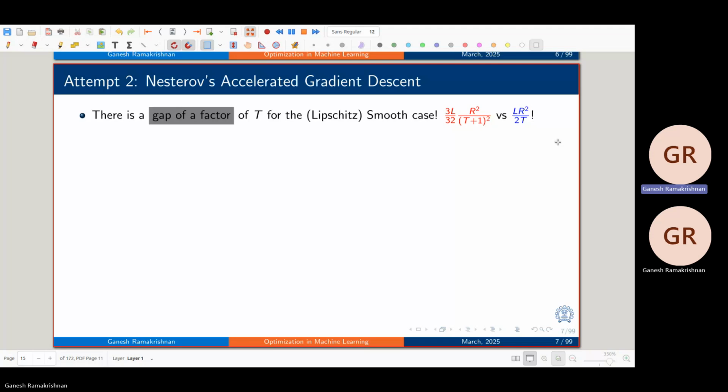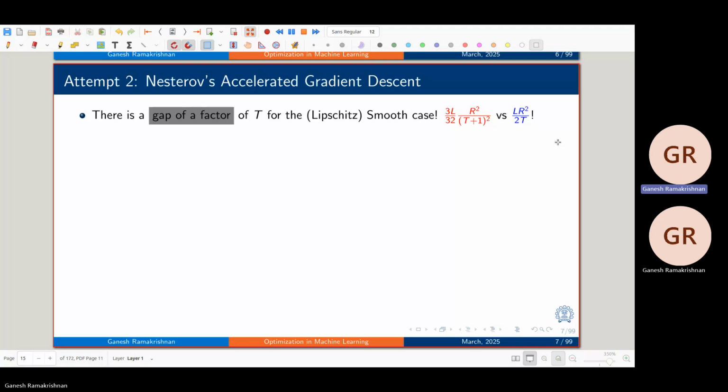So 3, gradient at xt plus mu times xt minus 1. For smooth and strongly convex, it's a tick mark, right? It is good.